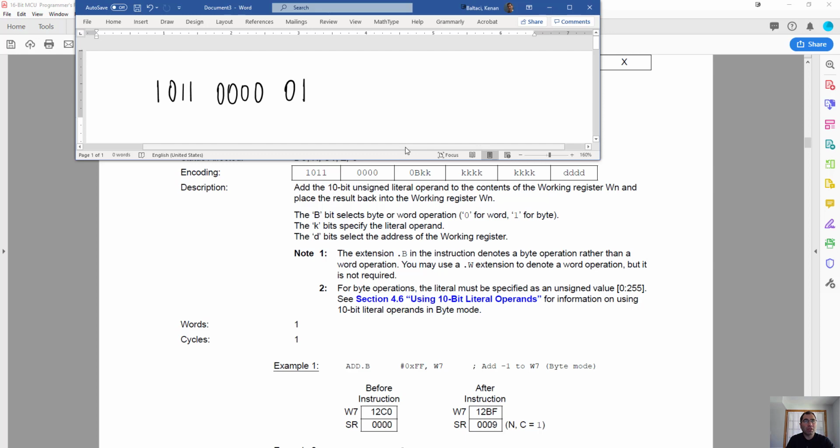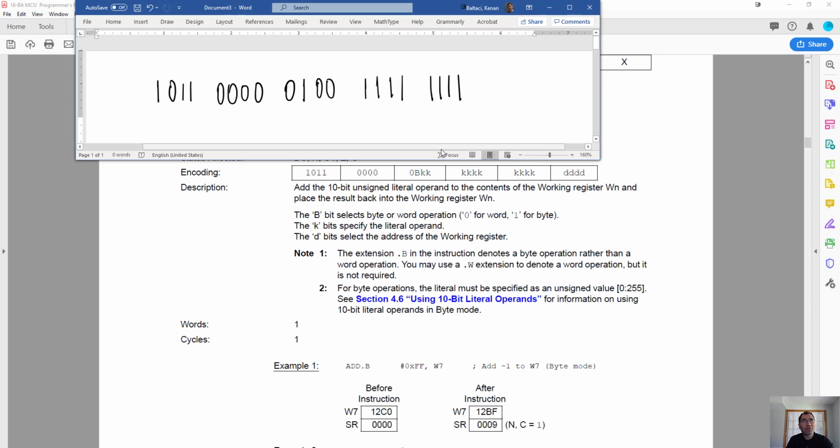So it's going to be 1111 for f, 1111 for f, then the two most significant digits are going to be 0. I'm keeping groups of 4, so I'm just keeping the same structure. So 0 0, and then for ff it's 1 1 1 1, and then 1 1 1 1.